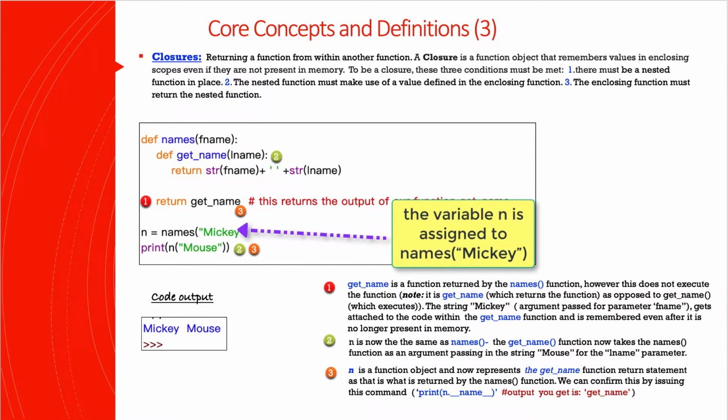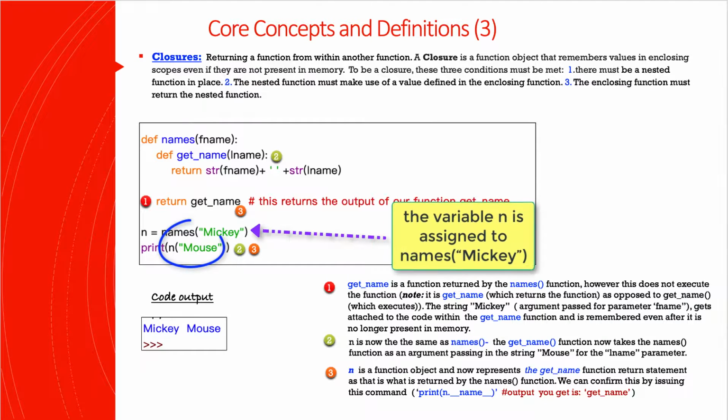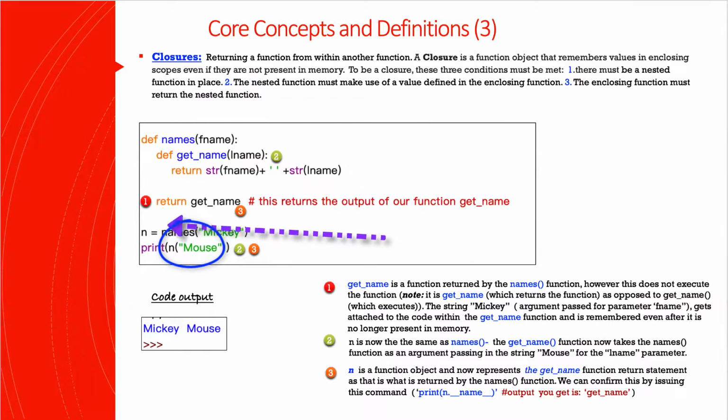n is now the same as names. The getName function now takes the names function as an argument, passing in the string Mouse for the lname parameter. n is a function object and now represents the getName function's return statement, as that's what's returned by the names function. We can confirm this by issuing the command print and then feeding it the argument n.__name__, and the output you will get is get_name.